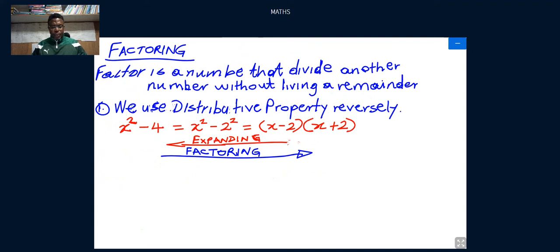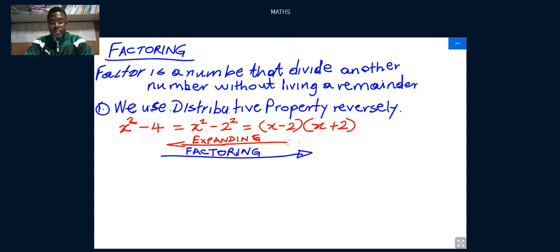I'm moving to the next slide. The next slide, we are talking about factoring. We need to understand this word, a factor. What is a factor? Can anybody tell me what is a factor?